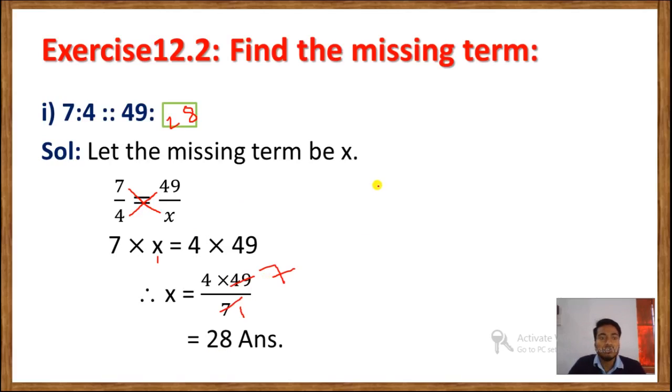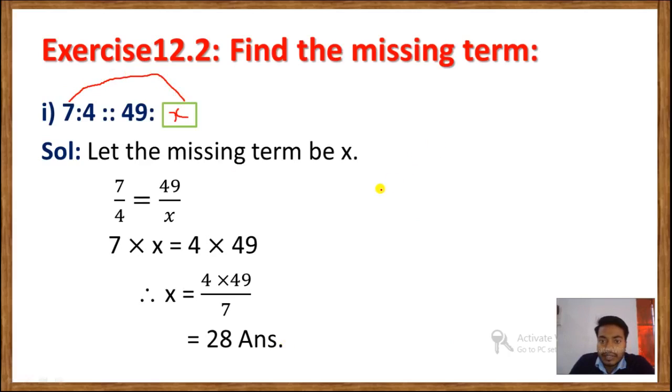This we can solve using method number 1 also. How to solve? The same way, we take the missing term as x. Now according to method number 1, we have to multiply the extremes. That means 7 into x.